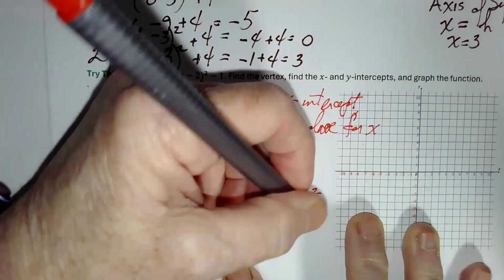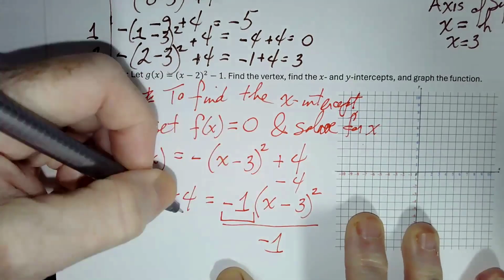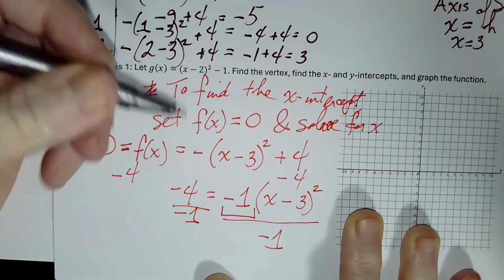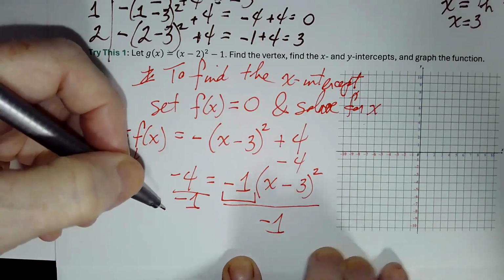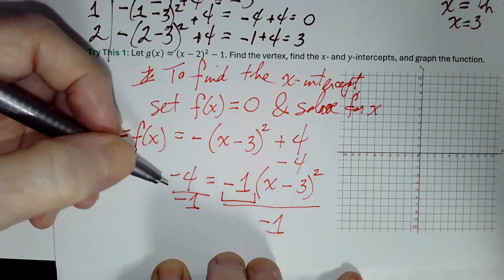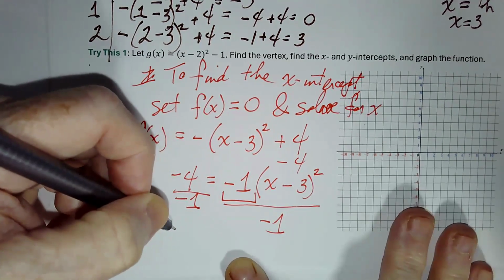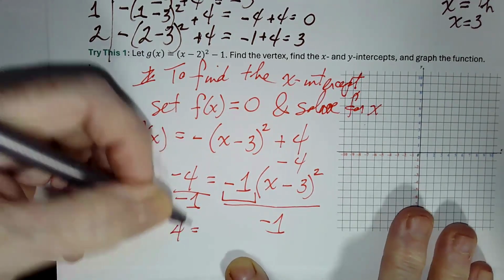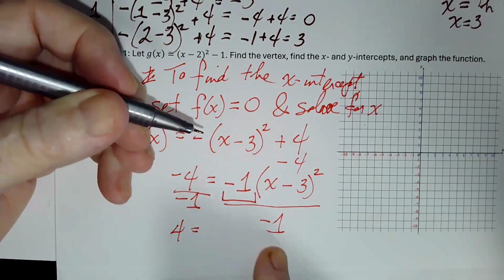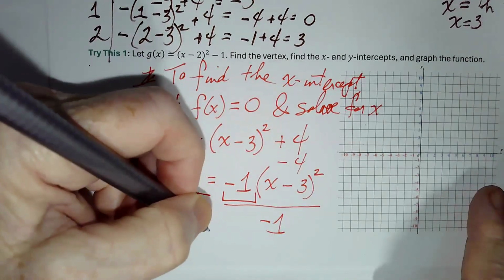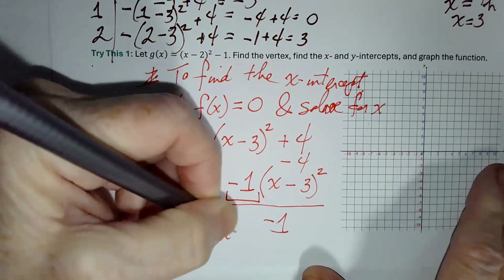Good. On the left side, -4 divided by -1 will give us +4. Beautiful. And -1 divided by -1 is +1.